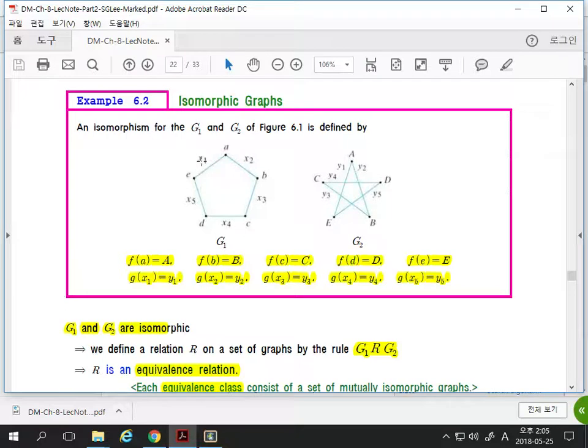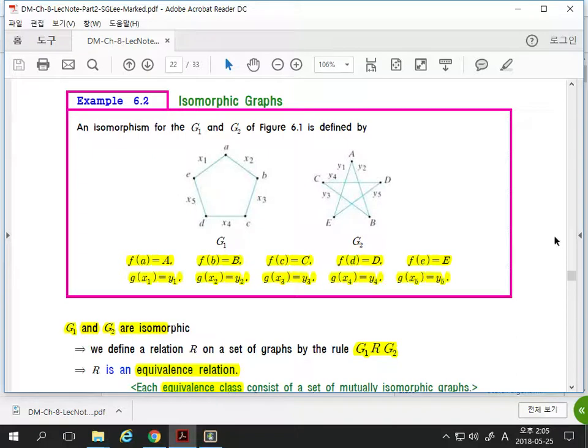Y1으로 연결된 게 X1으로 연결돼 있고 여기서 B하고 C가 X3로 연결돼 있죠. 그럼 여기서 캐피털 B하고 캐피털 C가 Y3로 연결돼 있죠. 그러니까 이게 지금 소문자가 대문자로 바뀐 거하고 X가 Y로 바뀐 거 말고는 구조가 다 똑같이 돼 있는 거죠.